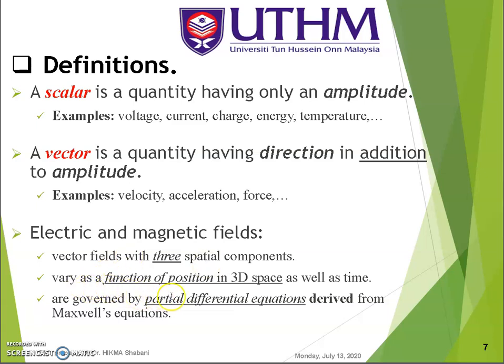They vary as a function of position in 3D space, three-dimensional space, as well as time, as I mentioned above, in the X, Y, and Z directions. These fields are governed by partial differential equations derived from Maxwell's equations. Here we can highlight that Maxwell's equations play a fundamental role in electromagnetic fields.